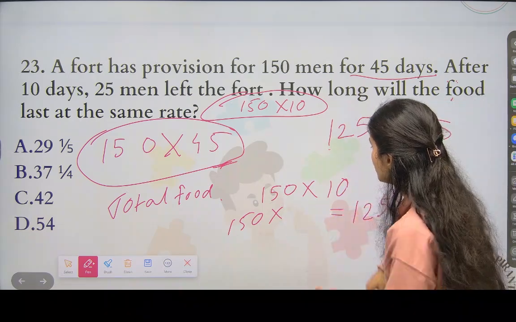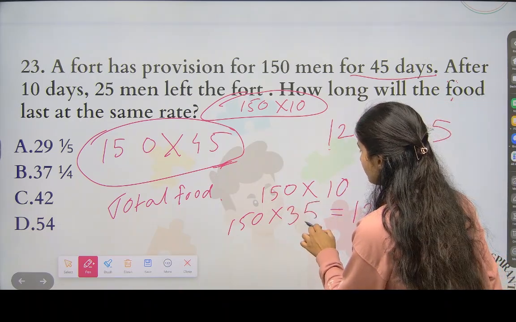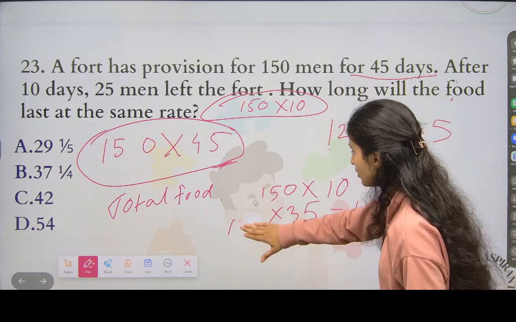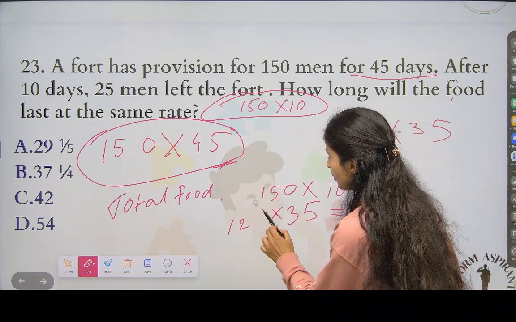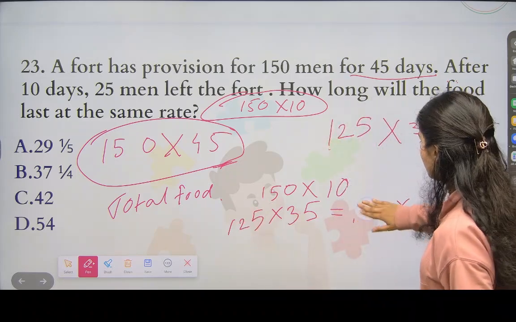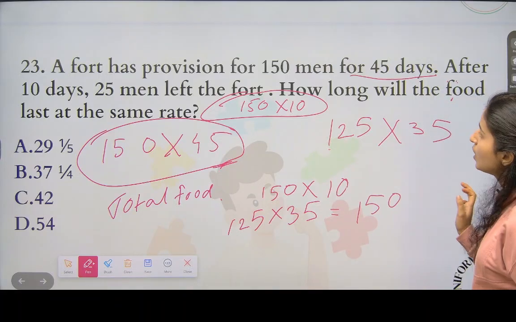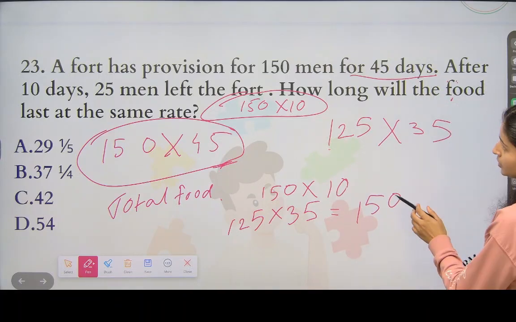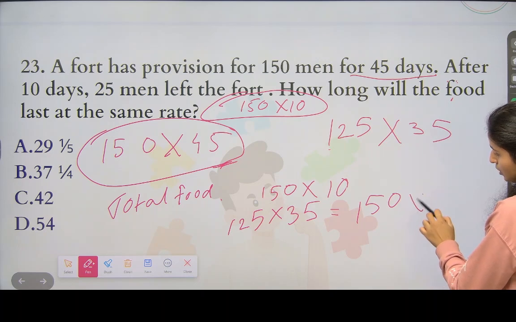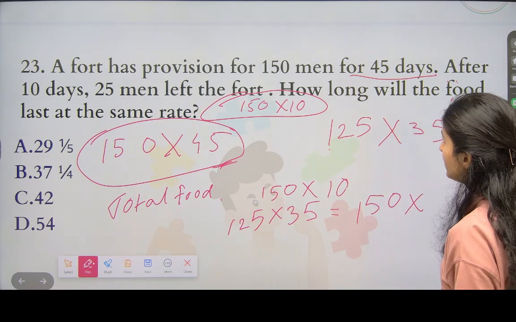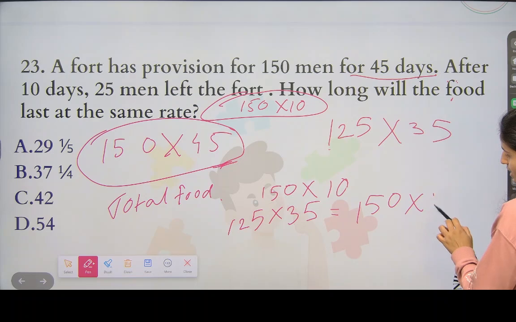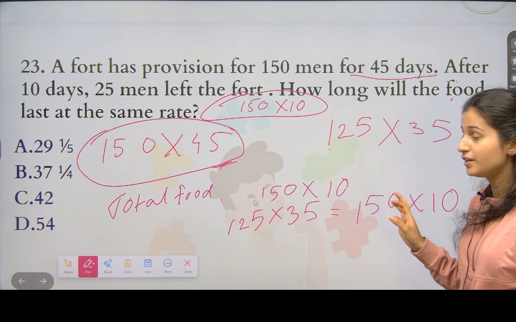So what will you write here? 35, and here 125, and here 150, and here, for how many days they ate the food, 10 days.